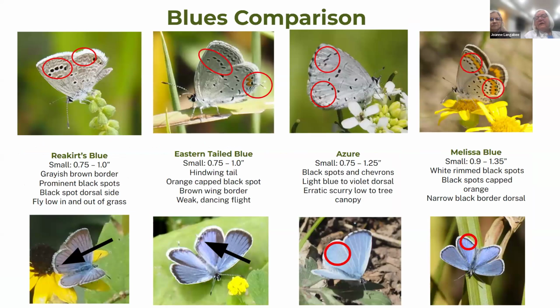Okay, now the azures are out right now. I saw about 16 today when I was in the forest. So they are the first one of these four to appear. And their inside, dorsal side, is a light blue. And a lot of times when you're looking at them flying, the outside is kind of a pale gray.